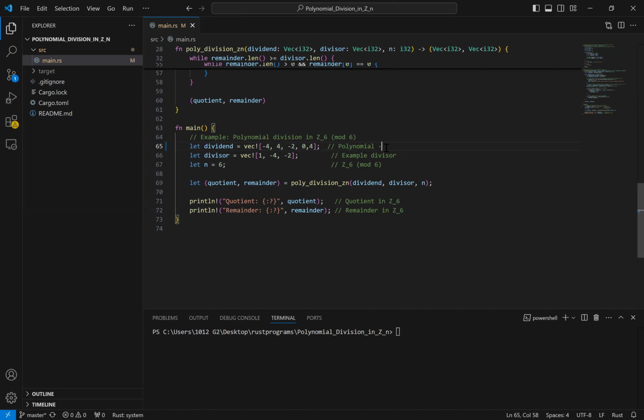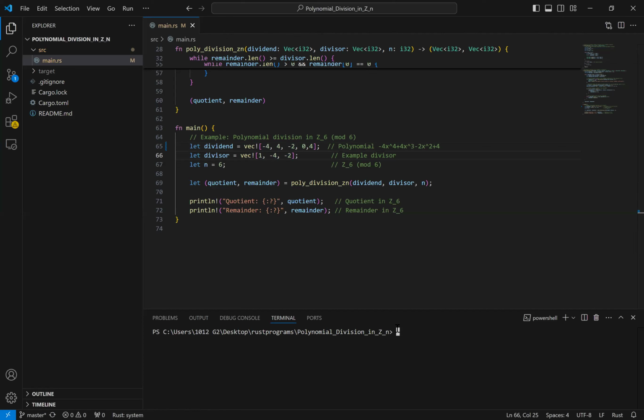So this polynomial is the same as x raised to 4, then there's an x raised to 3, and then there is x raised to 2, and then x raised to 1, there's nothing. Then there's a constant 4. So x raised to 1 is 0. And then this one also is a constant, x raised to 1, then x raised to 2.